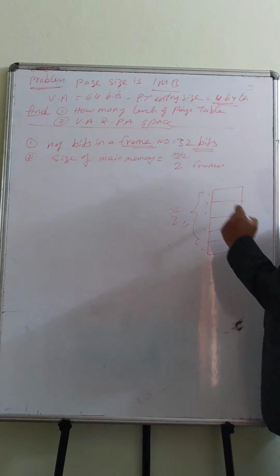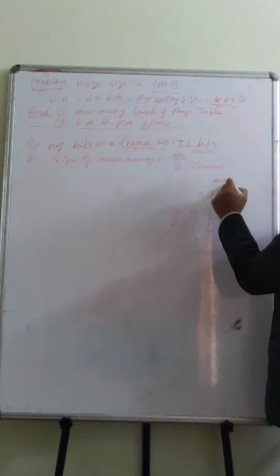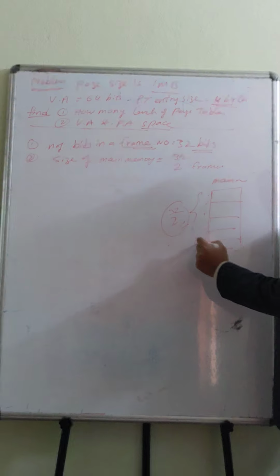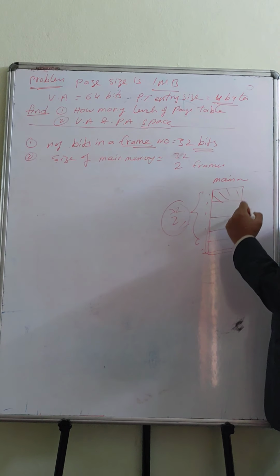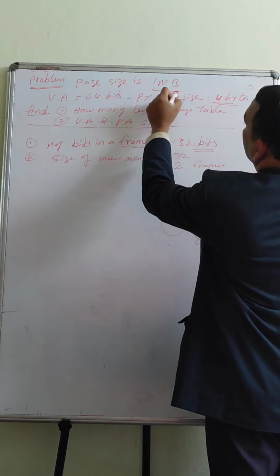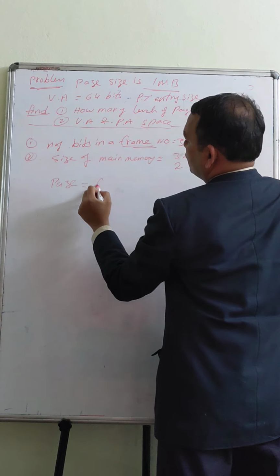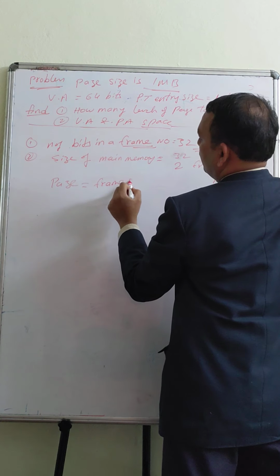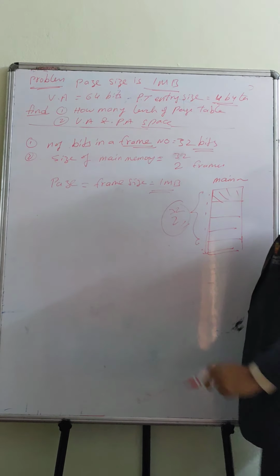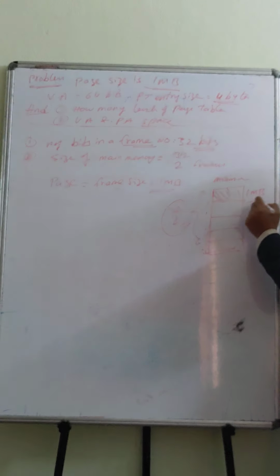The size of the main memory is 2 power 32 frames into each frame size. From the problem statement, each page size is 1 MB, where page size is equal to frame size is equal to 1 MB.